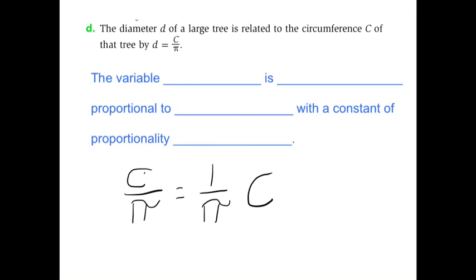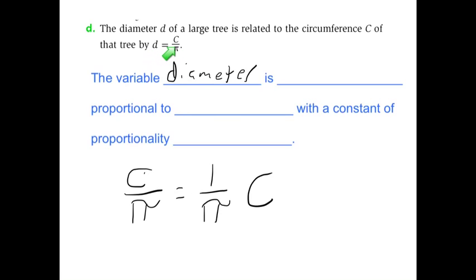So writing this in, the variable diameter, is it directly or inversely proportional? The ones with a fraction usually look like they're inverse, but this is just the formula for circumference rewritten so that it is d in terms of c.